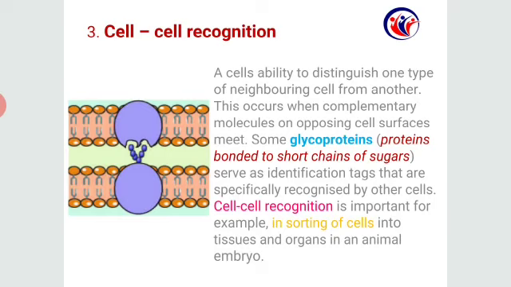Cell-to-cell recognition is important, for example, in the sorting of cells into tissues and organs in the animal embryo when we are still in our mother's wombs. During embryo formation, how do cells recognize? And now the plasma membranes, they play a significant role in that aspect.